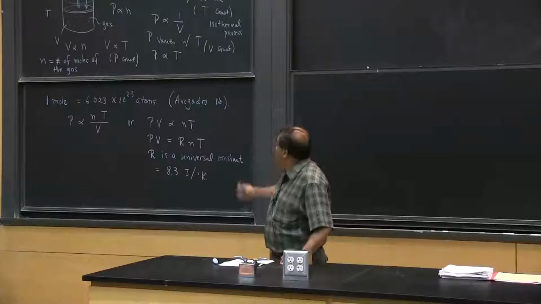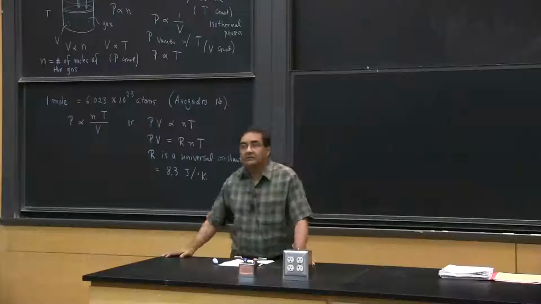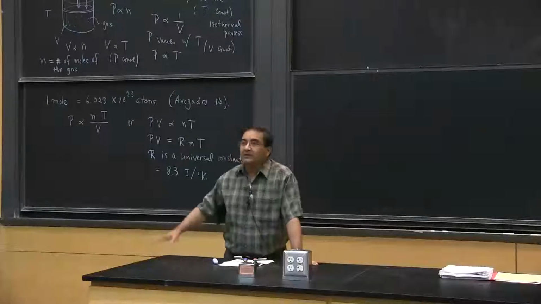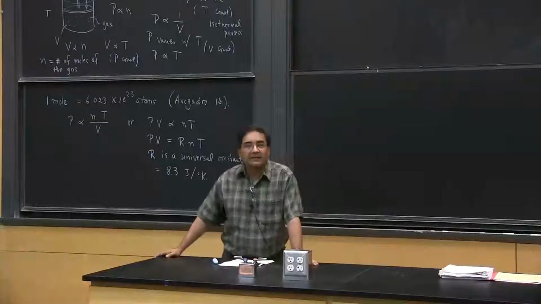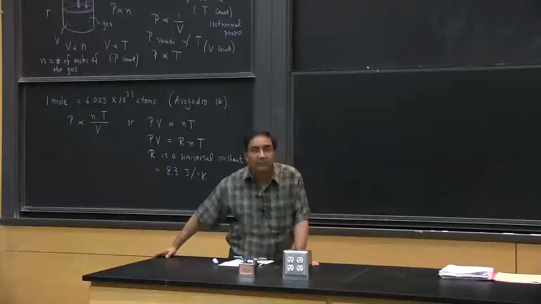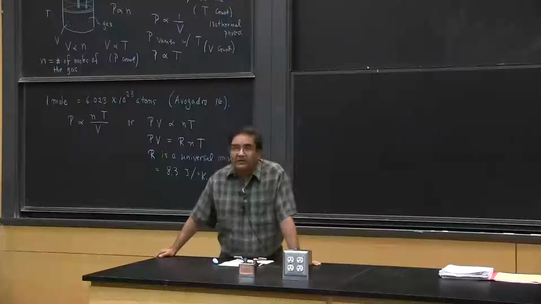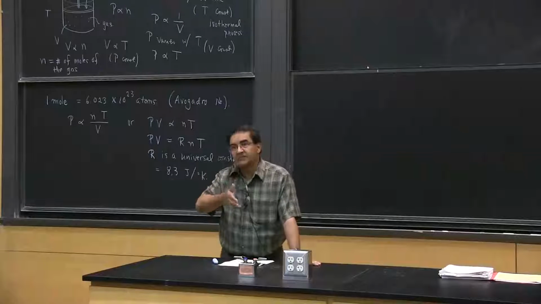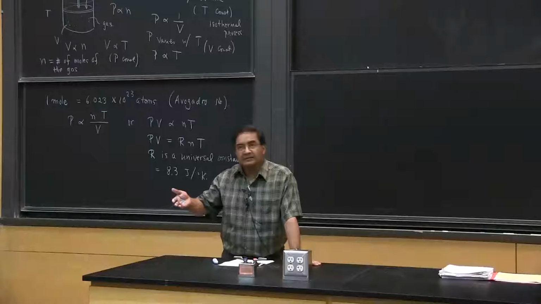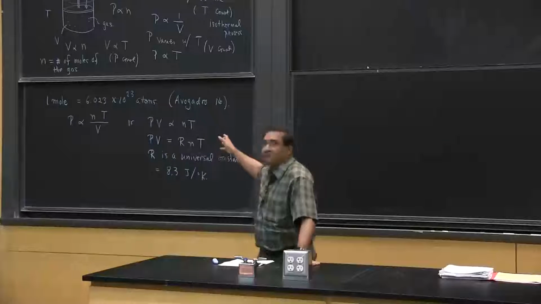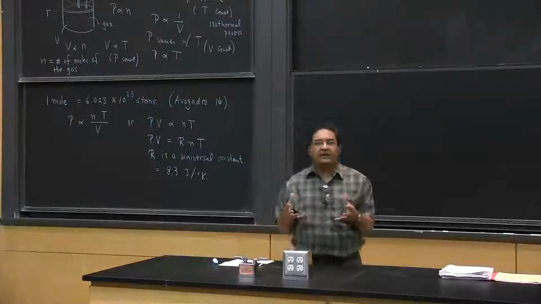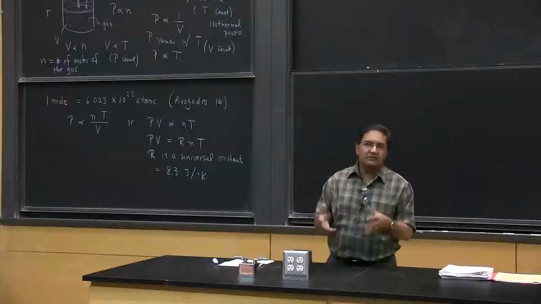PV equal to nRT should be valid in some sense, on some broad scale. But it's so simple that there is no guarantee that it's always valid, number one. Number two, it's only valid in the gas phase. What about when the system changes from the gas phase to a liquid phase? There we need more physics than what I've given you so far to be able to dig deeper. So a broader understanding of matter requires us to go deeper.